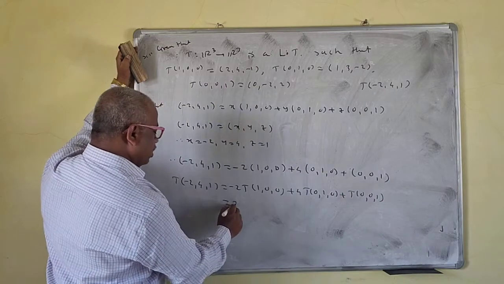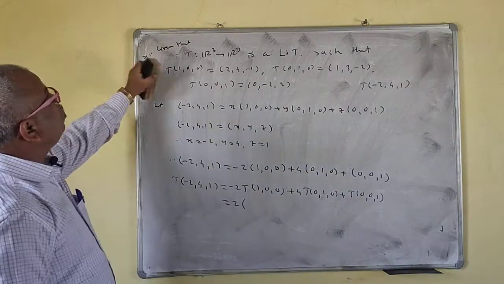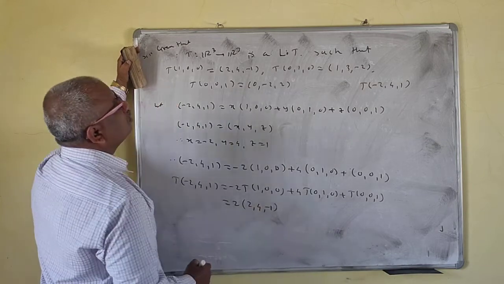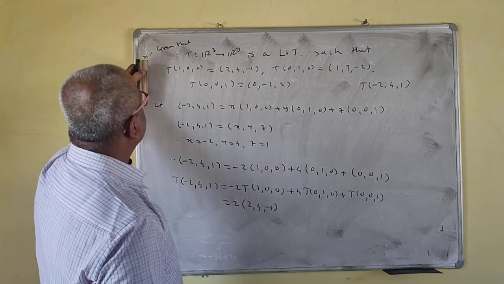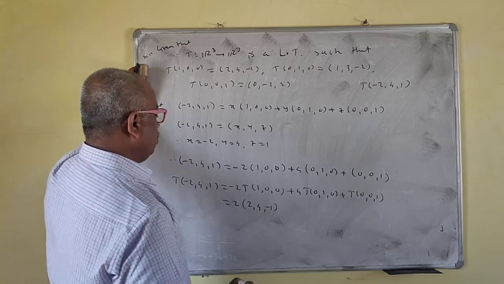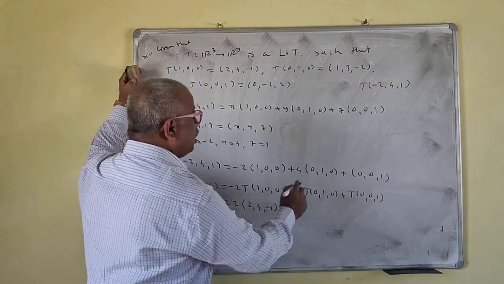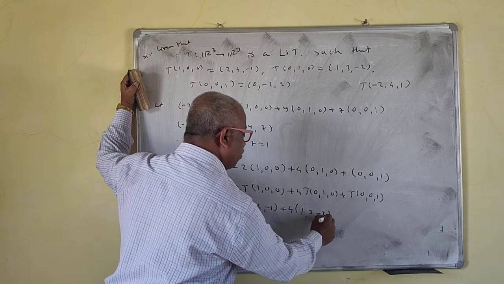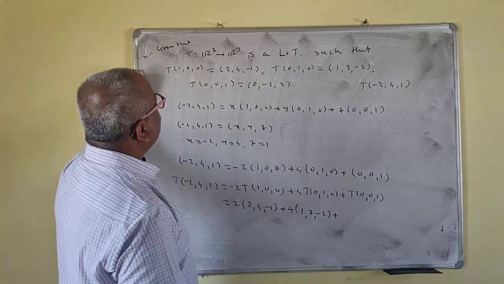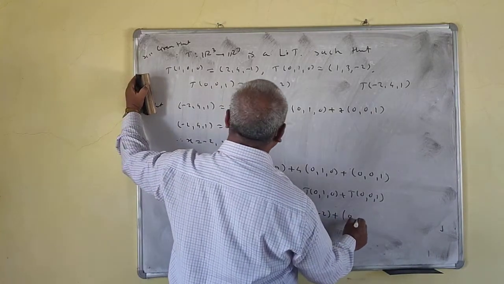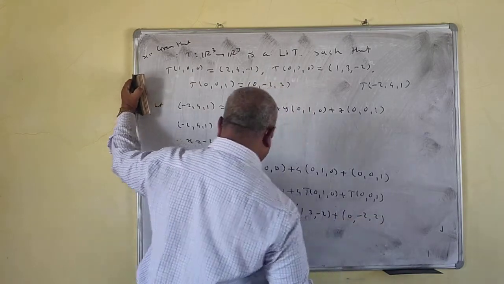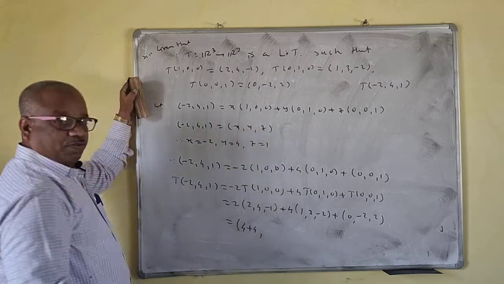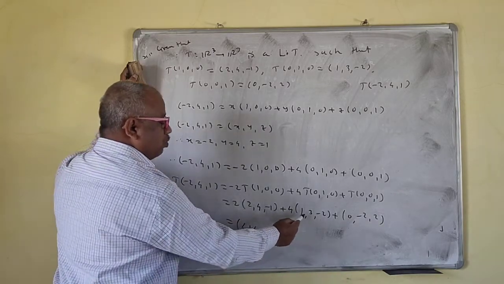Then this is -2 times T of (1, 0, 0), which is (2, 4, -1), plus 4 times T of (0, 1, 0), which is (1, 3, -2), plus T of (0, 0, 1), which is (0, -2, 2). Now we'll collect this. Your first component is 2 into 2 plus 4 into 1.